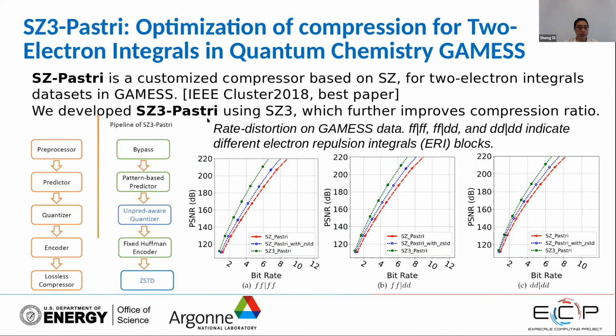We not only integrated the SZ Petri compression pipeline into SZ3, but we also improved some stages such that the overall compression ratios can be improved further. According to this figure, we can see that for three different data sets, the green curve is the SZ3 Petri, and it can significantly improve the PSNR at the same bit rate on this data set.